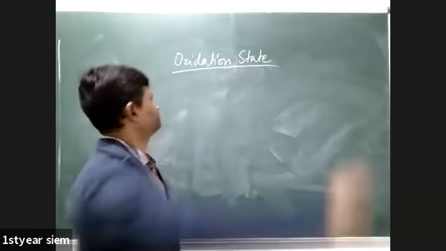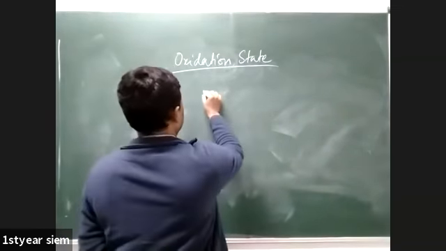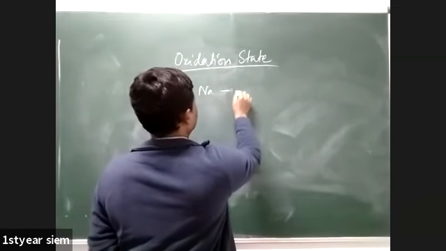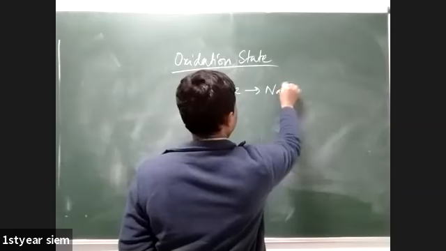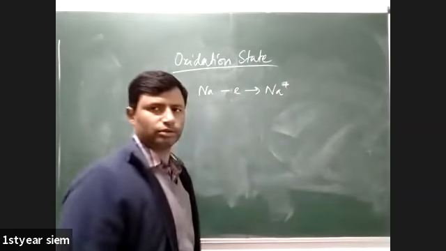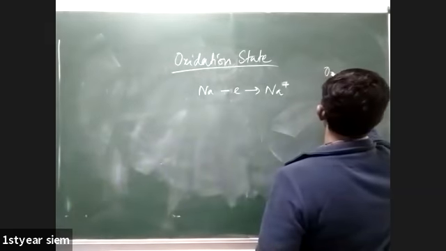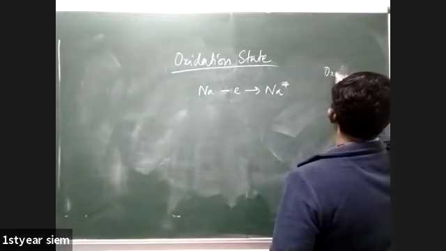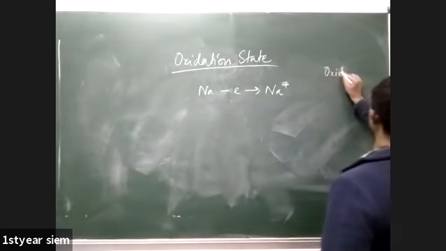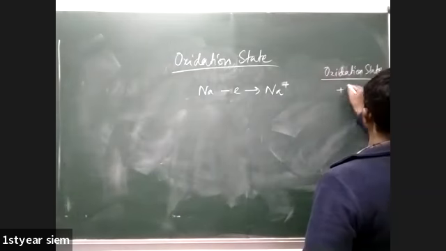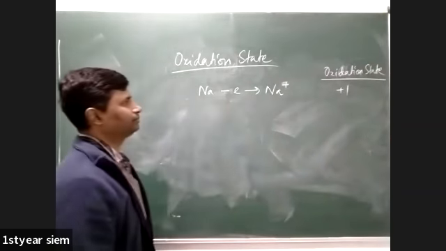For example, sodium loses one electron and forms sodium plus. So it lost an electron. That is why the oxidation state is plus one for sodium.